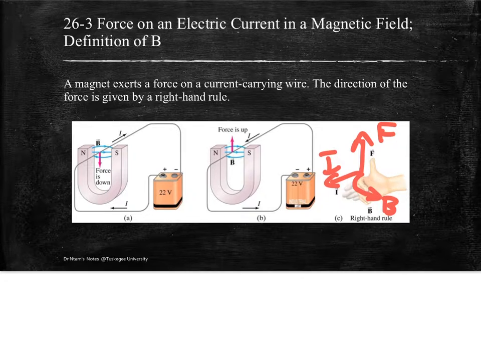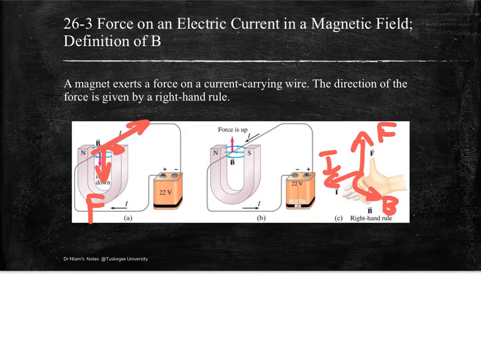So like in the case of A, the current is this way, so you place your straight fingers in this direction, and then bend your fingers in the direction of the field, which goes from north to south, and your thumb will be pointing down, indicating that the force is down.